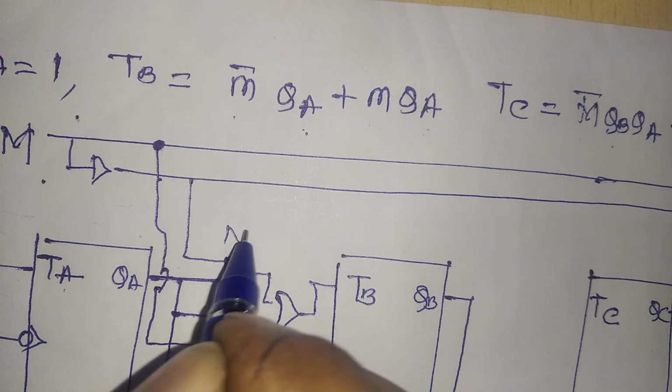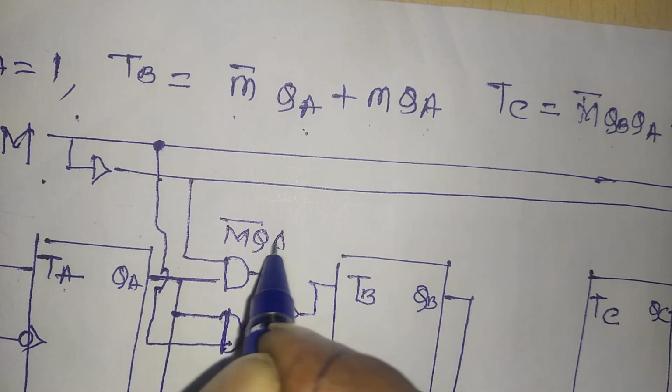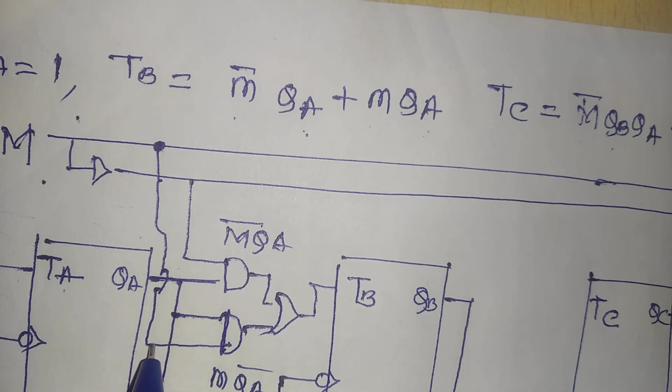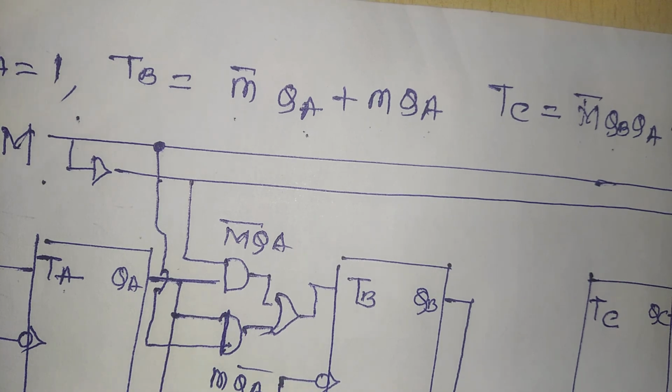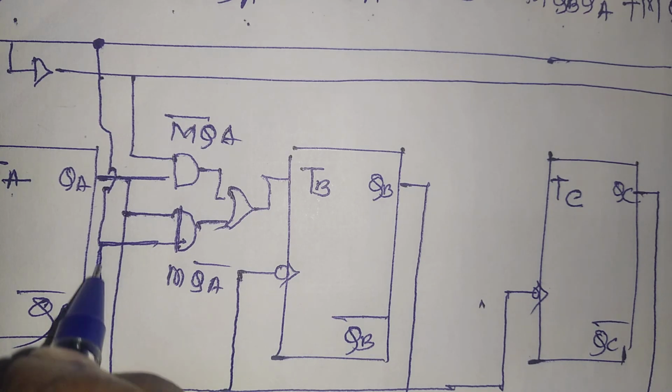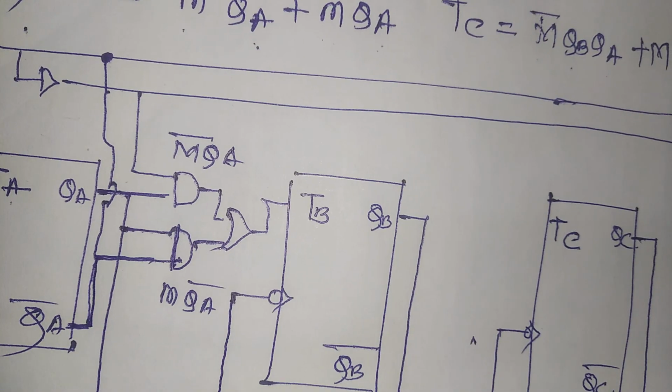So, this is your M bar QA and this is your M QA bar. So, this is the QA bar, and QA bar is connected to the next AND gate.